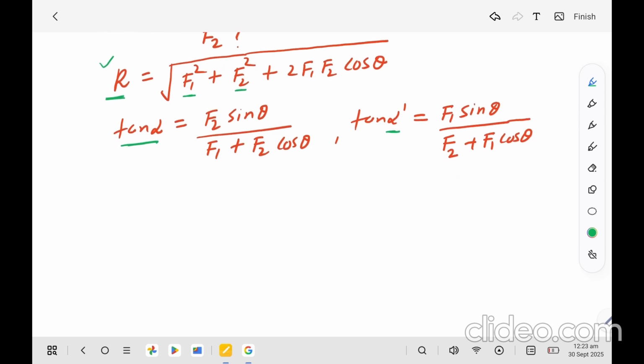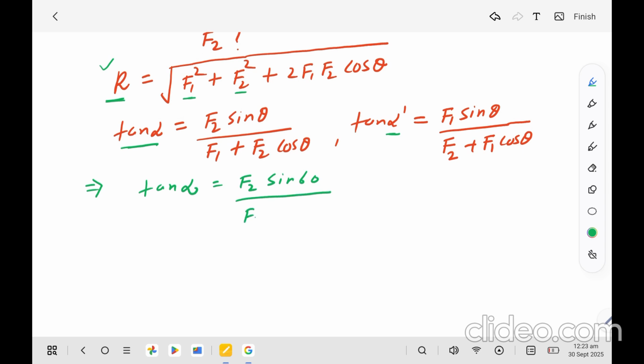Okay, so we can use one of these formulas. So let's say if I use the tan alpha equal to F2 sin 60 divided by F1 plus F2 cos 60.